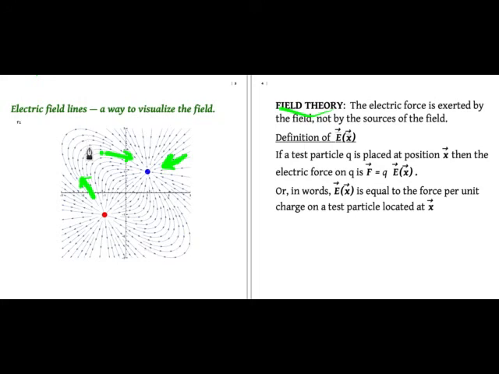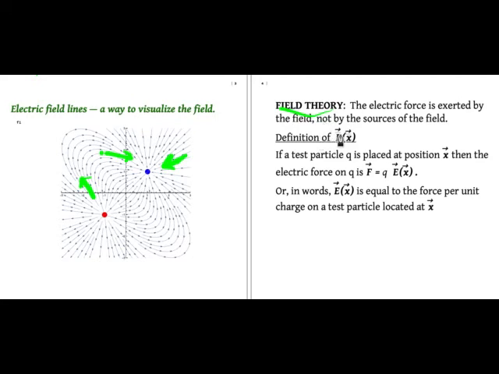And if there were a third charge somewhere in this space, it would experience a force that's exerted by the field at its position, not by the sources which are far away. So, according to field theory, the electric force is not action at a distance. It's exerted by the field at the location of the particle experiencing the force.